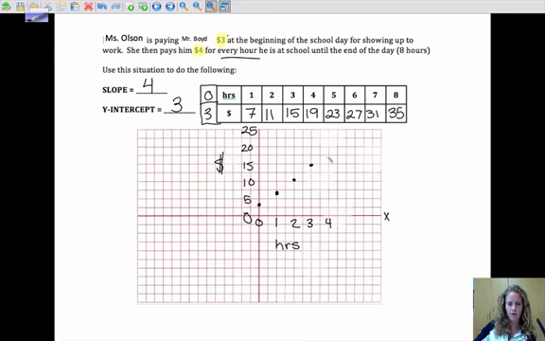At 4, he'll have 19. And we can do one more. 5 will be 23. So I can see I have a line there.